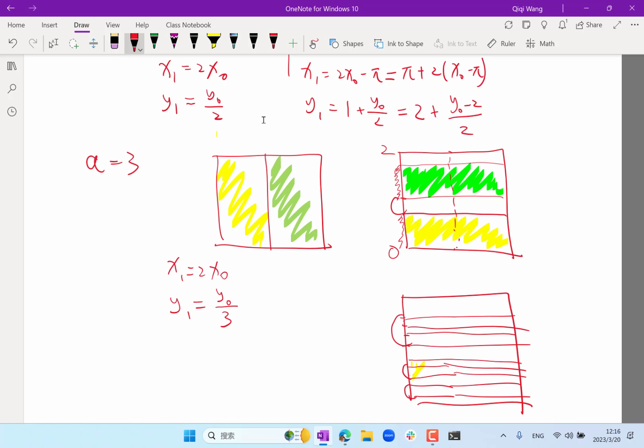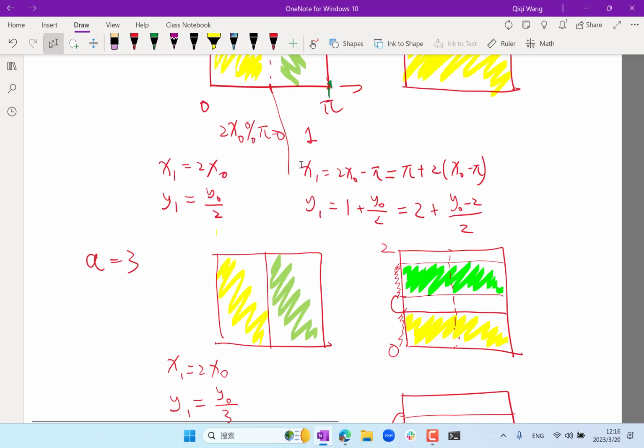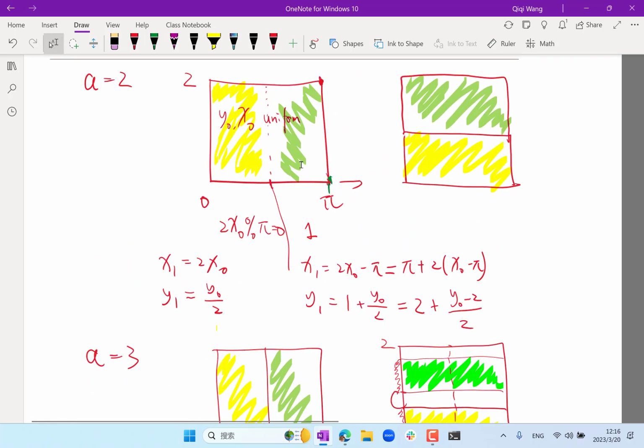Okay, and it might actually be easier to define the Baker's map a little bit differently.